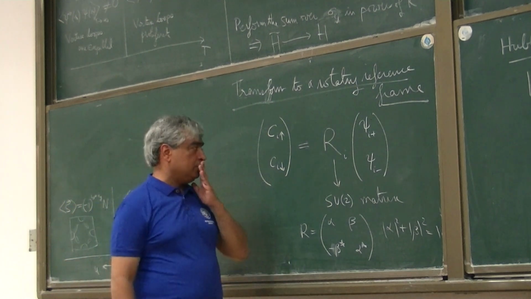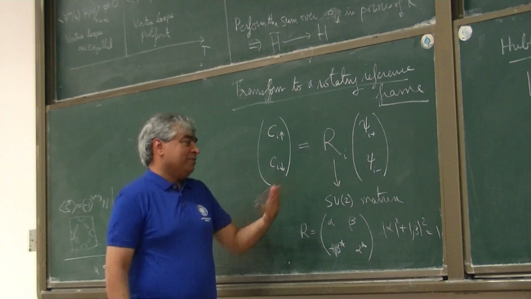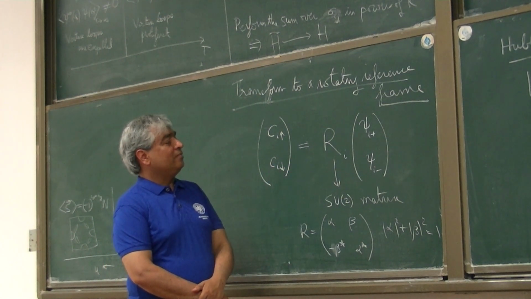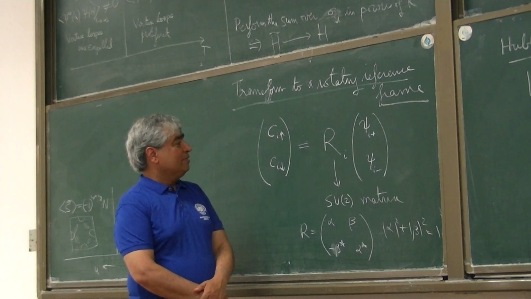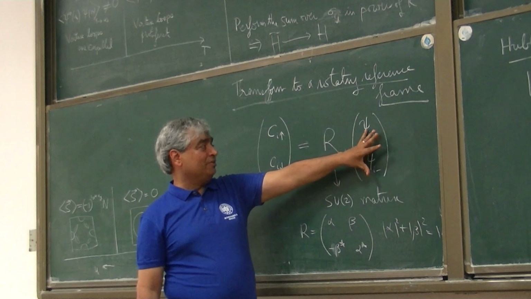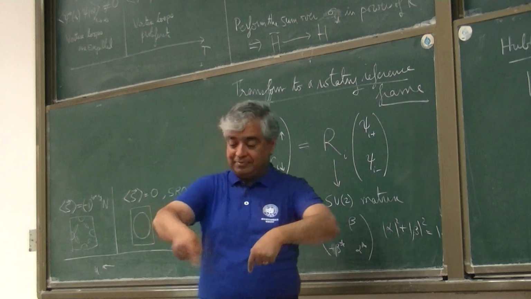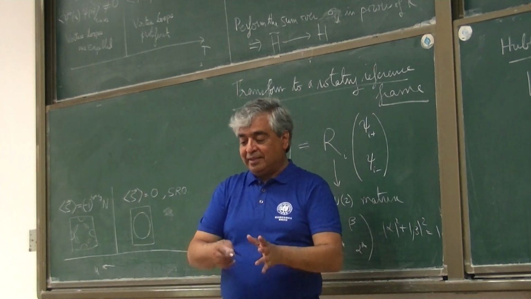So I'm writing it out this way because this is going to allow me to work in terms of these new fermions. And these new fermions are related to the old fermions by some rotation. So if my order parameter here is pointing this way, I just take those as my fermions.